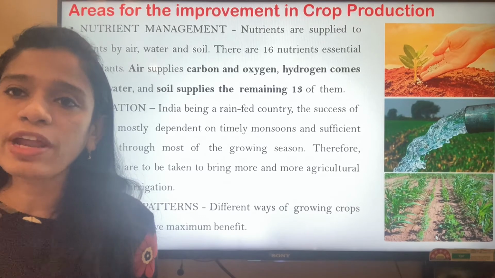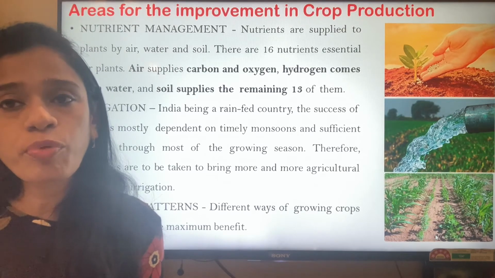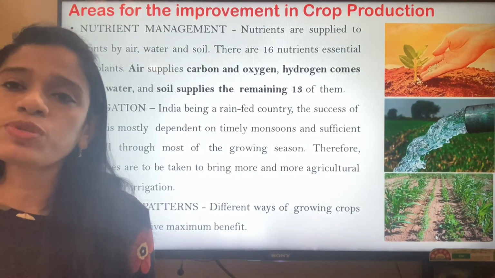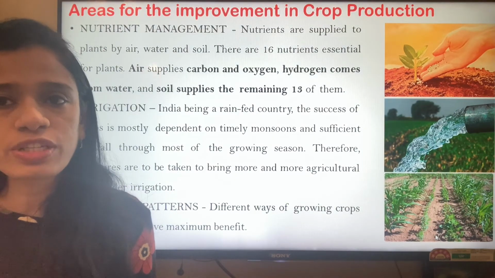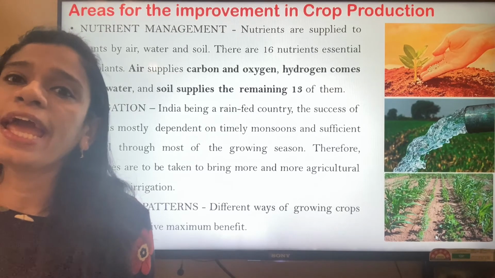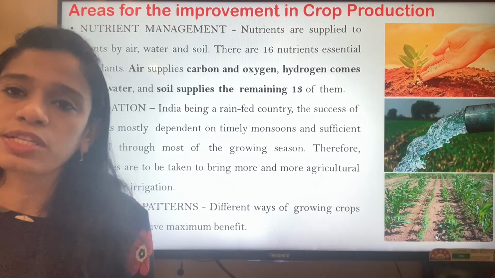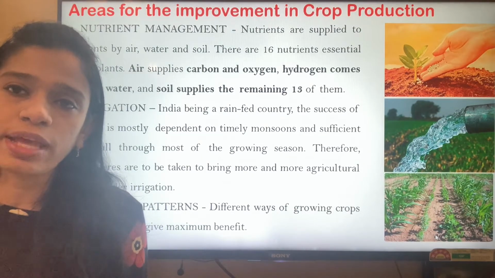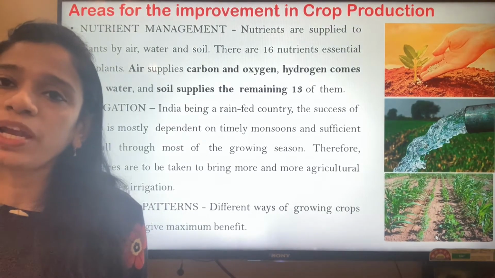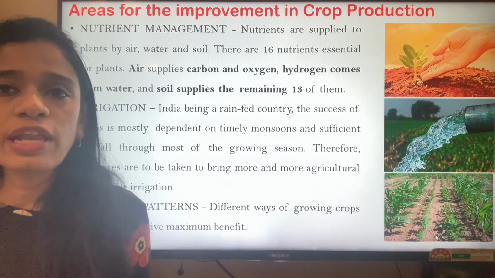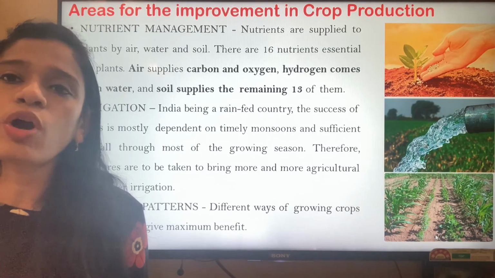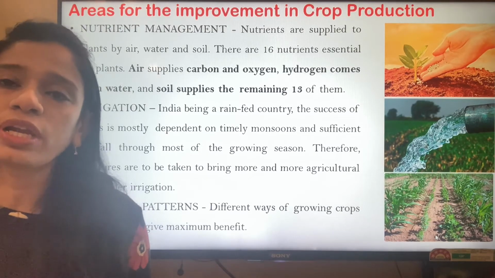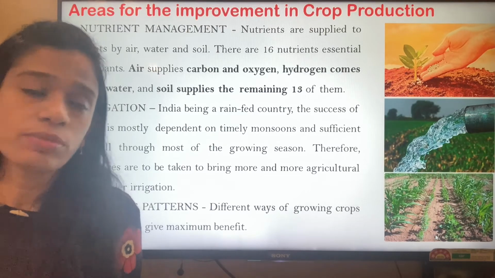We do not get rainfall at the required time, at the proper time, or in proper quantity. So if the fields are under an irrigation system, they can be watered anytime required and with as much water as required. So irrigation is a very important thing because with the monsoon we have to depend on nature, which is really not reliable. So proper irrigation is an important cause for proper production management.